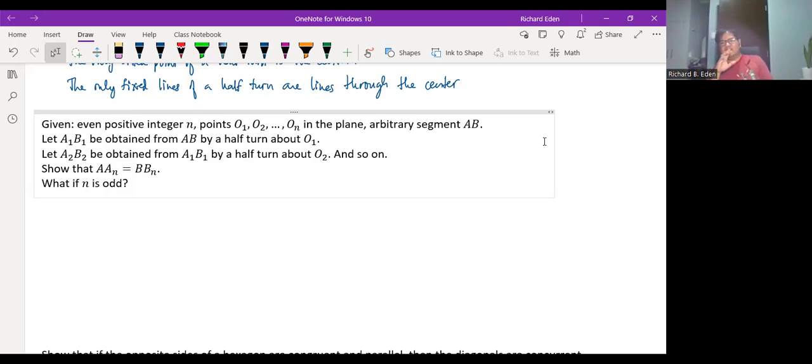So you're doing these n half turns successively, starting with AB until in the end we get the segment A sub n, B sub n. Well, at any rate, we're gonna get the points A sub n and B sub n. So why would A sub n and B sub n be the same? Okay.